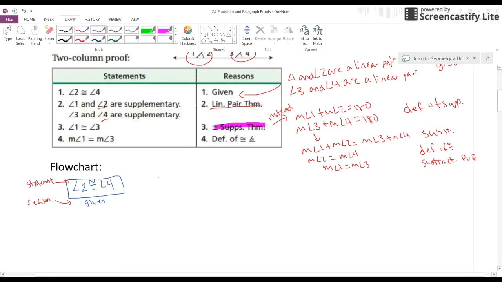But what's important from here is how everything is linked.